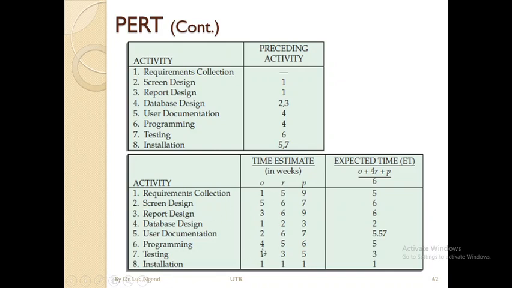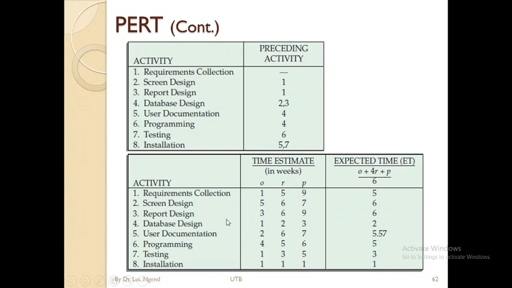But in this time estimate, we are using beta distribution, we're using PERT. We don't have only one estimate, because when you are using critical path, you only have one estimate.